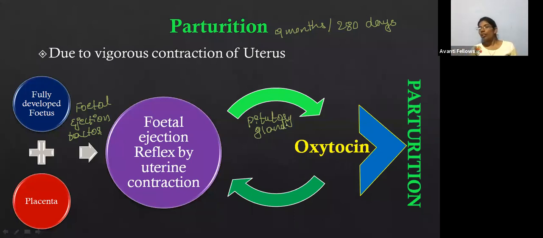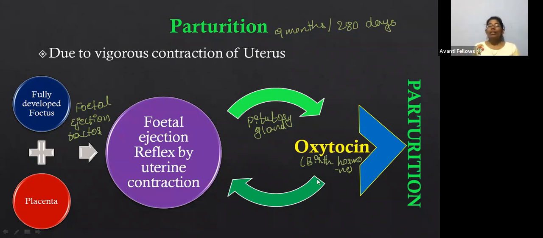So once the mother's pituitary gland is stimulated, it is going to produce the birth hormone that is called oxytocin, which is secreted by the pituitary gland.